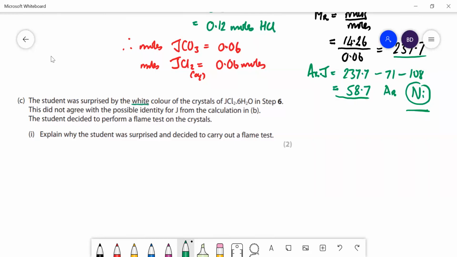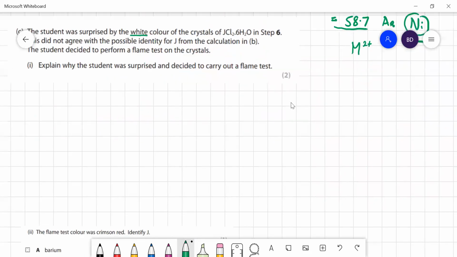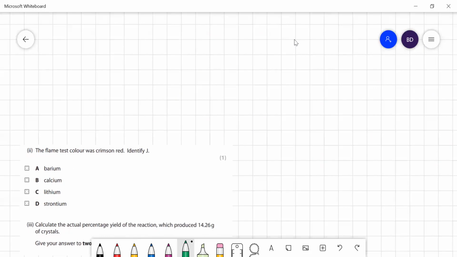So that tends to suggest it's a group 2 metal, because transition metal compounds are usually colored. So he carried out a flame test and the color was crimson.